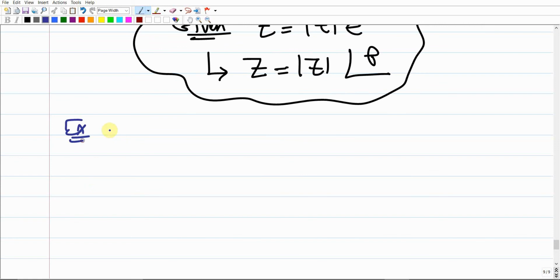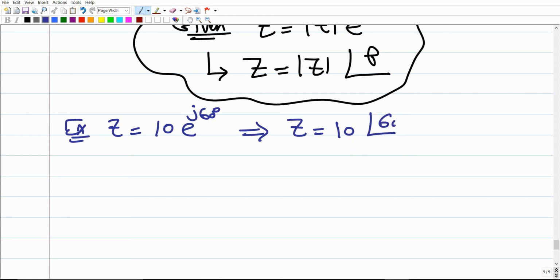So for example, if z is already given to us as 10 e to the power j 60 degrees, this is going to be converted into z equals magnitude 10 and the angle is just 60 degrees. Straightforward. Even if it is negative, this is another example.